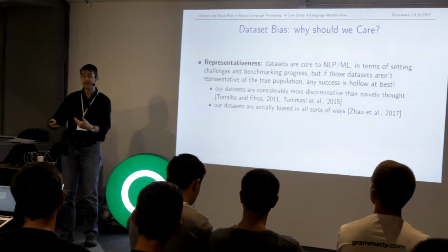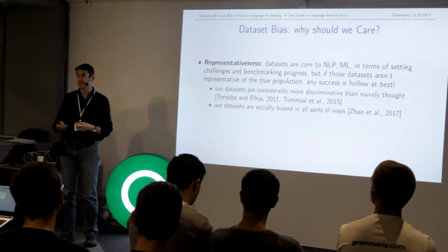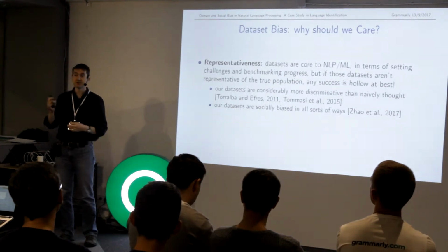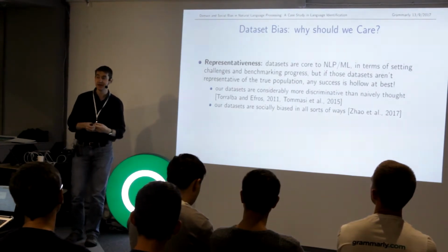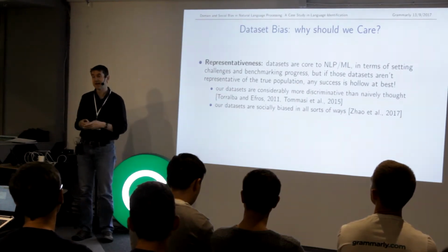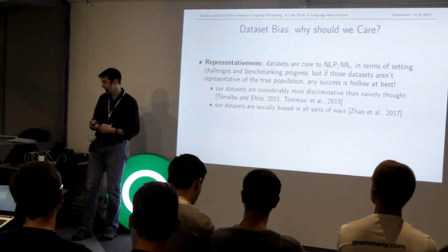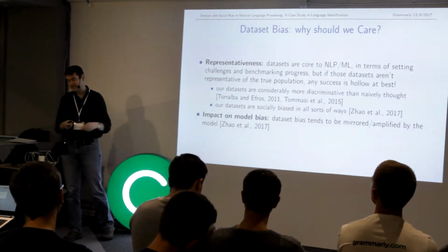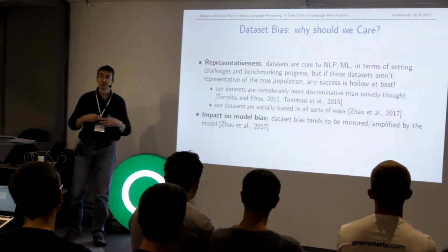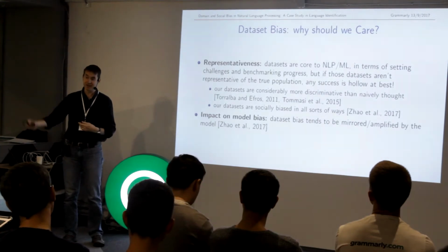So if you have a cooking scene, you are much more likely to have a female doing the cooking. If you have a repairing scene, you are much more likely to have a male doing the repairing. And okay, that's the reality of the data, but knowing that and knowing what impact that has on the models is very important, in particular because they observed in that paper the models pick up on these biases, and not only do they pick up on them, they amplify them.